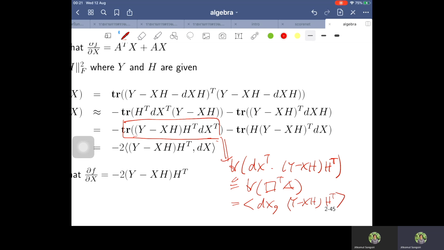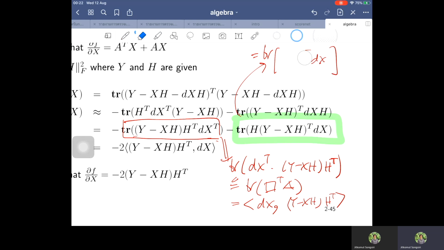Okay, the first term, again, it goes the same way. Okay, if you have this, the green box, so this is equal to, I try to write it as something transpose dx. Okay, and that should be y minus xh h transpose.